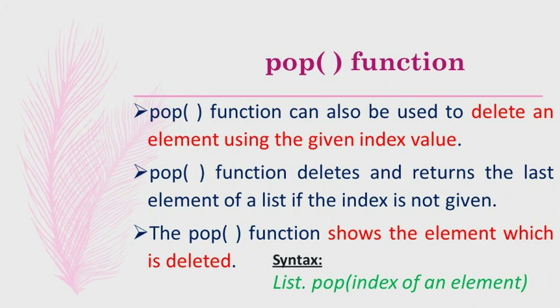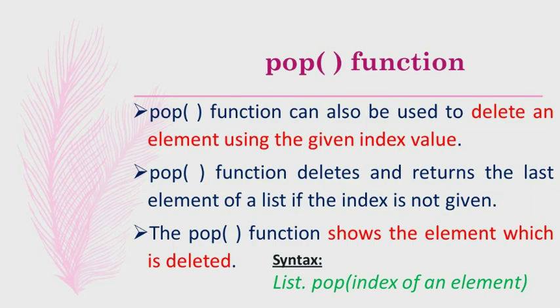So what is the use of the del statement? If you know the index value of the element, you can use the del statement to delete the element. Similarly, if you know the index value of the element, you can use the pop function to delete the element in a list.